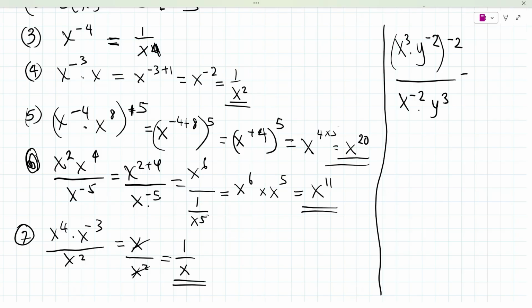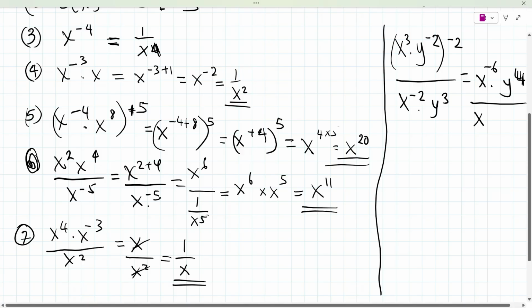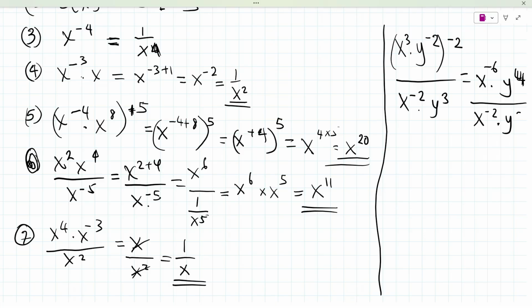So this will equal x cubed powered to minus 2, which becomes x to the power 3 times negative 2, which will give us negative 6, multiplied by y to the power negative 2 times negative 2, which will be y to the power 4. And all this is divided by x to the power negative 2 times y to the power 3.